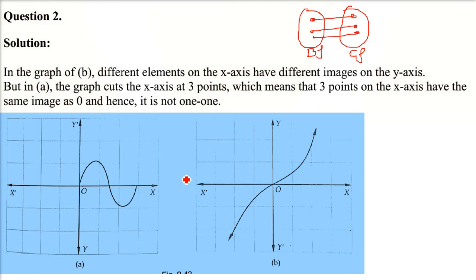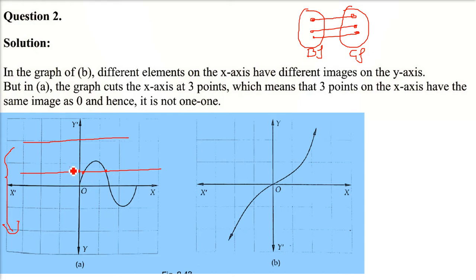So how do we do this? We just saw the vertical line test for the function. In order to check for 1-to-1, we use the horizontal line test. So we take a horizontal line and move it vertically from top to down, and then we see the intersection.